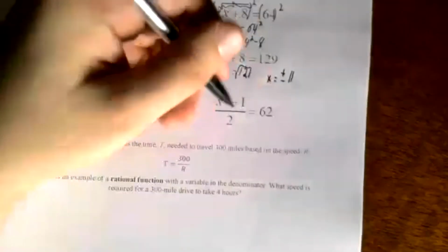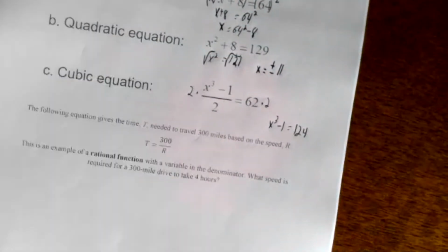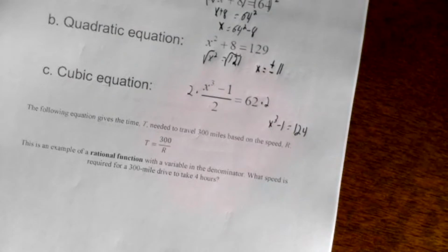Okay. And then part C, a cubic equation. So we're still doing the same thing. We're still going to solve for x here. So what I'm going to do is I'm going to multiply by 2 on both sides. Right? So then on the left side, we get x to the third minus 1 equals, and 62 times 2 should be 124. Yeah, 124. And then now we can just add 1 on both sides.